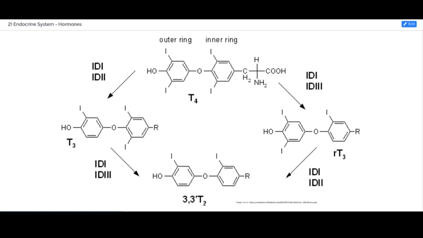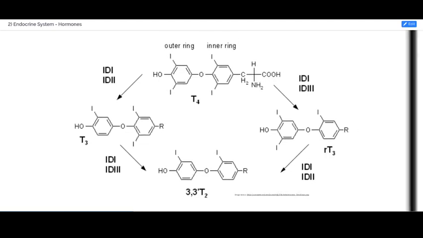There is an important difference between the amino acid type hormones like norepinephrine or epinephrine and the thyroid hormones. These two ring structures in the thyroid hormones actually make these molecules quite hydrophobic. And we'll talk about the chemical properties of hormones in a little while, but keep that in mind.